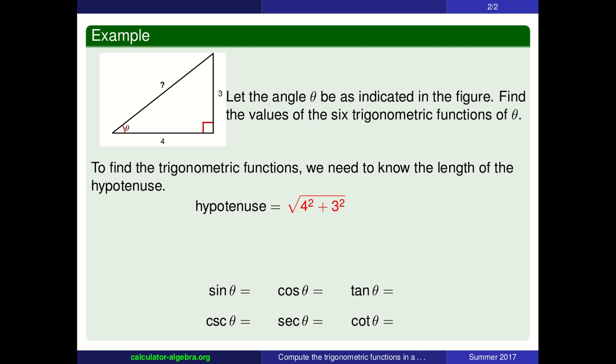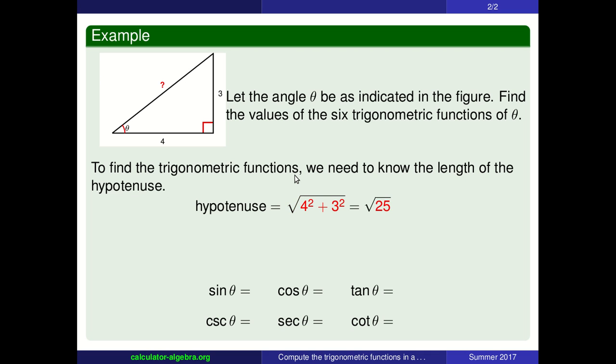Now, 4 squared equals 16. 3 squared equals 9. So altogether, 4 squared plus 3 squared must be equal to 16 plus 9. So that must be 25. Okay?